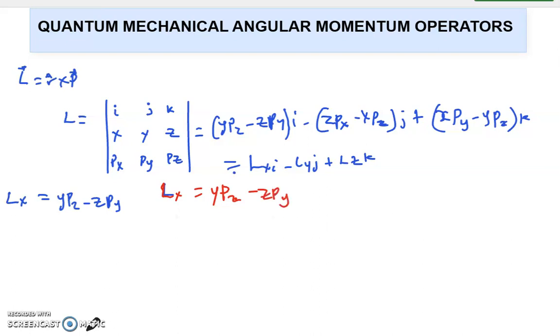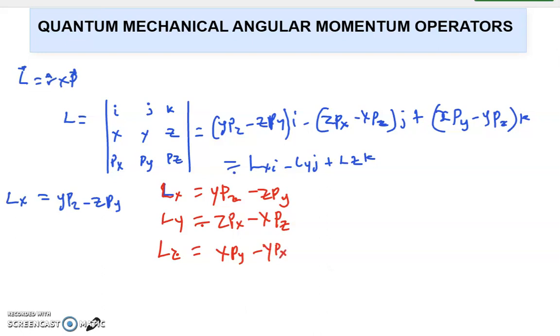This is our Lx, and our Ly is nothing but z px minus x pz, and then our Lz in this case is going to be x py minus y px.